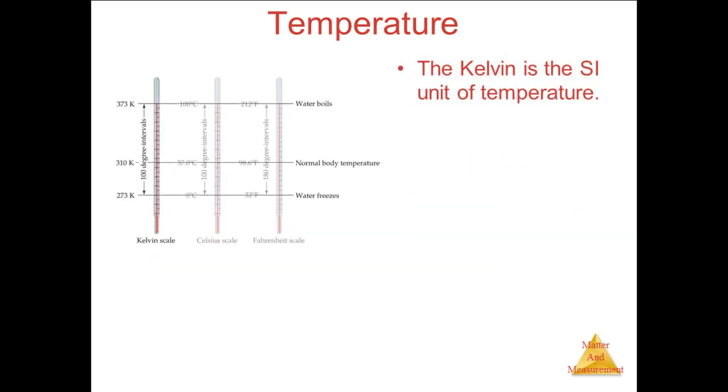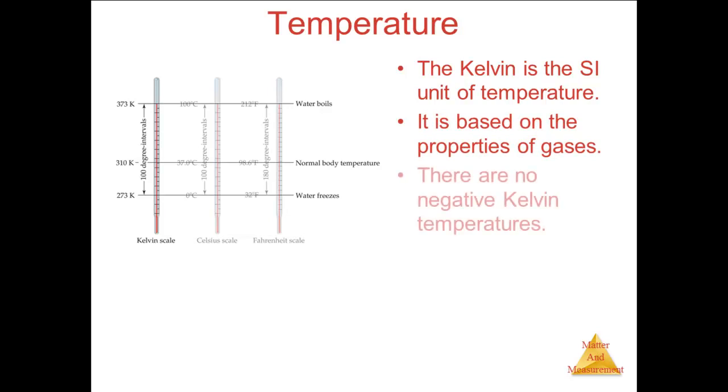The Kelvin is the defined unit of temperature. Zero kelvins, note there is no degree sign, is the lowest possible temperature, called absolute zero. And therefore, there are no negative temperatures in the Kelvin scale.